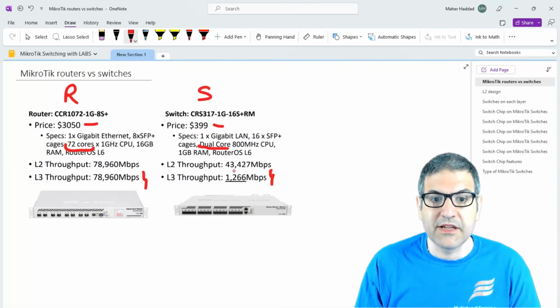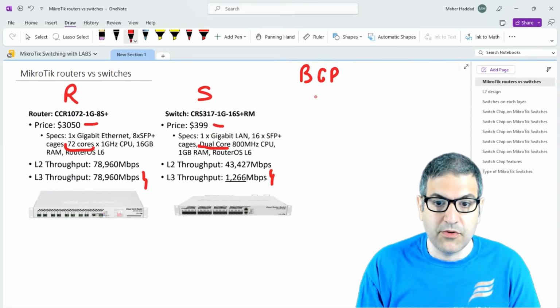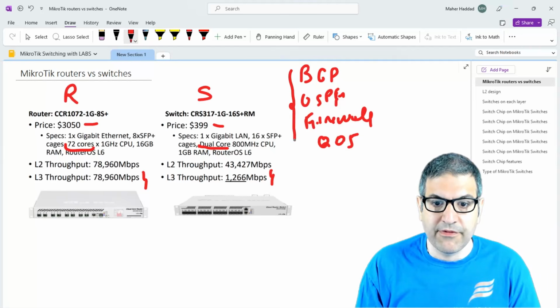Meaning that if you want to run the BGP routing protocol, or OSPF, or firewalling, or quality of service, all of those take a lot of usage from your CPU. Over here you have a 72 core CPU, and this one has a 2 core CPU.